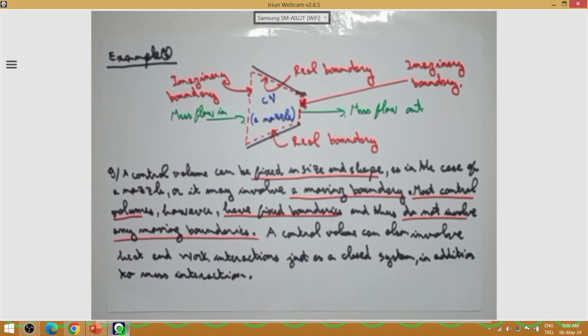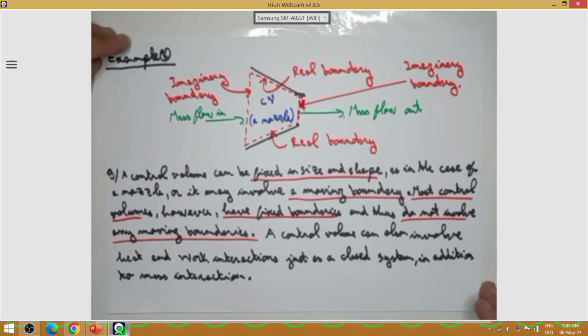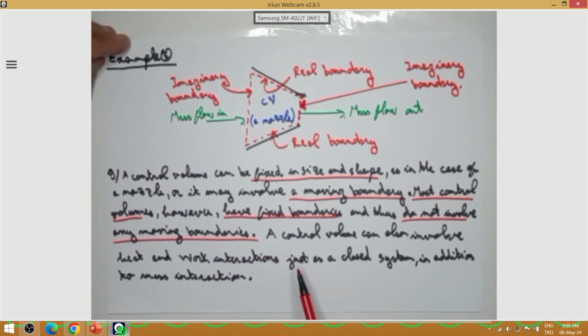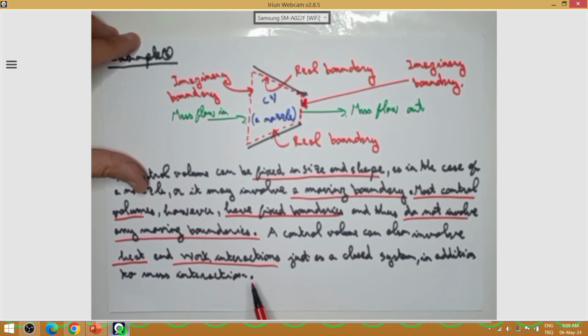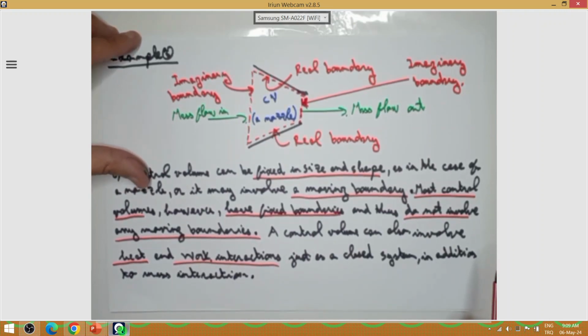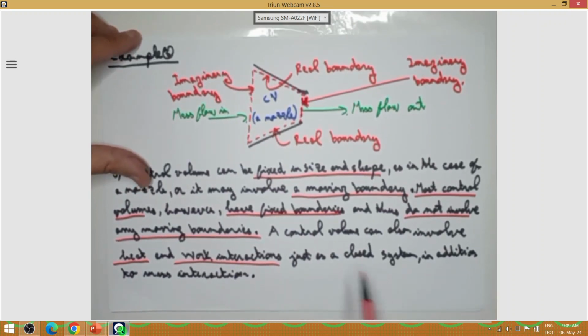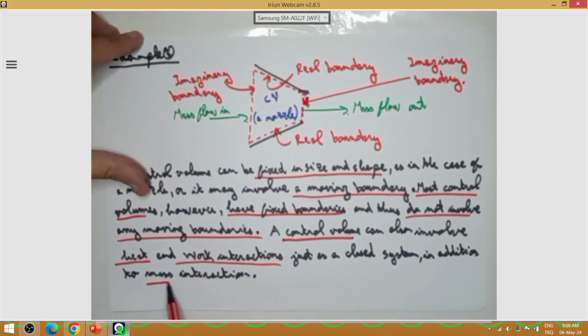So in this sentence we say that a control volume can also involve heat and work interactions just as a closed system, in addition to mass interaction. So when we have a control volume, we can have heat interaction, work interaction, and mass interaction.